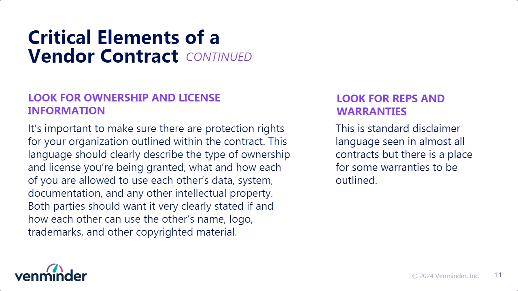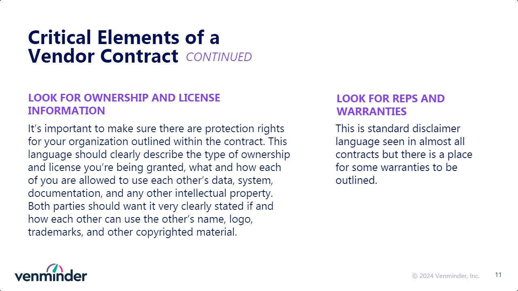So let's talk about ownership and license information and reps and warranties. Again, these are just standard contract language that you're going to have in place regardless of the type of vendor and the type of contract. But it's important to make sure that your rights are protected and outlined within the contract as far as ownership and licenses go. So the language should clearly describe the type of ownership and license that you're being granted, what and how each of you are allowed to use each other's data, the system, the documents, and any intellectual property.